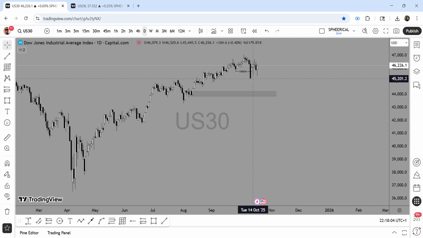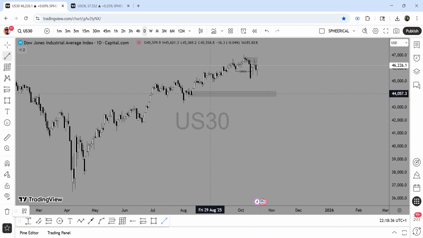And we have a supply zone that caused that change of character, which is this point, this small doji candlestick. That is where we have our supply zone, and the market has tested it and has been showing a kind of C curve, like it's about to sell. We'll confirm. We're going to find out in 4 hours.